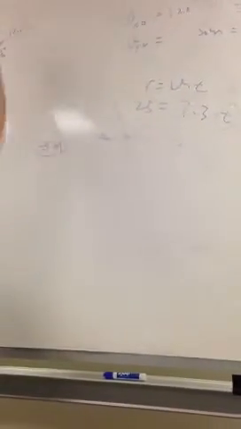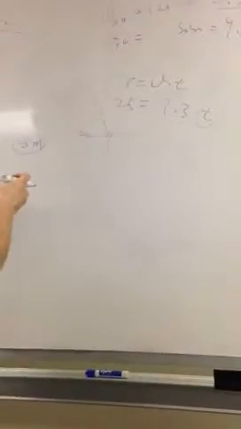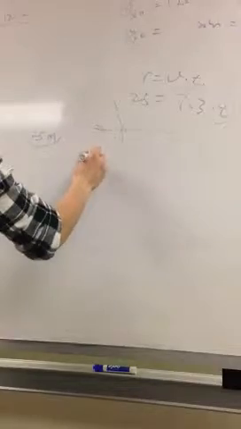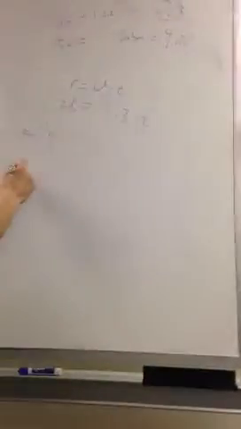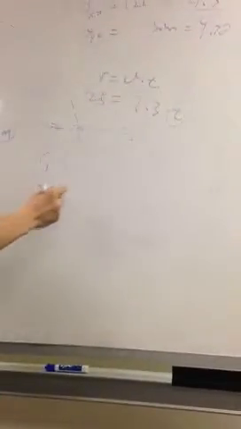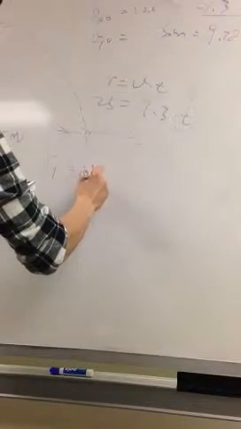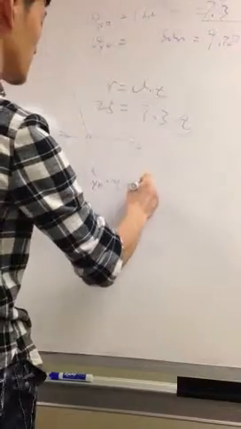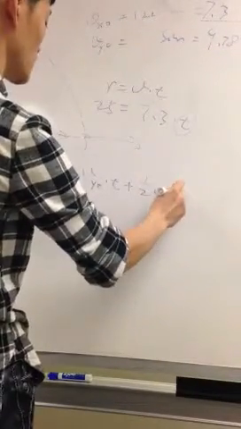And then we consider the y-axis. Along the y-axis, we want to know the distance here. The distance will be velocity VY0 times t plus one half a t squared.